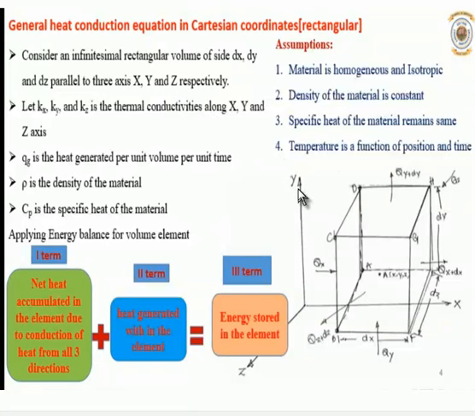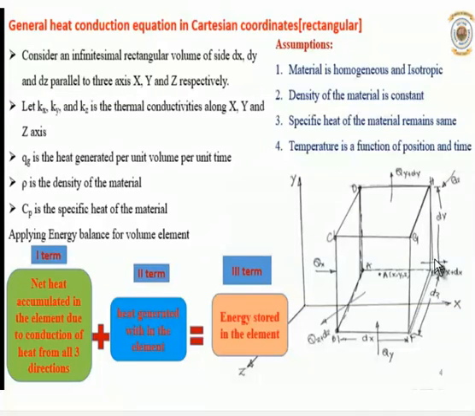Within these three planes you can consider one volume, the infinitesimal rectangular volume, having three sides dx, dy and dz. The dx side is parallel to the x axis, dy is parallel to the y axis, and dz is parallel to the z axis.